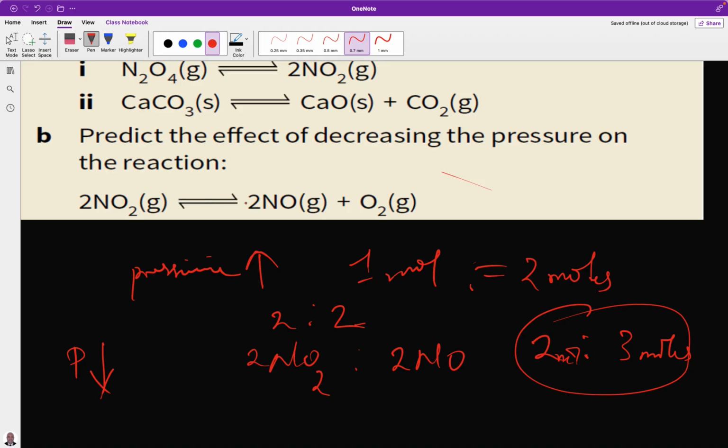According to Le Chatelier's principle, in order to increase the pressure and establish the equilibrium, gaseous particles will have to move to the direction of more gaseous molecules. In that case, the equilibrium is going to move from left to right.